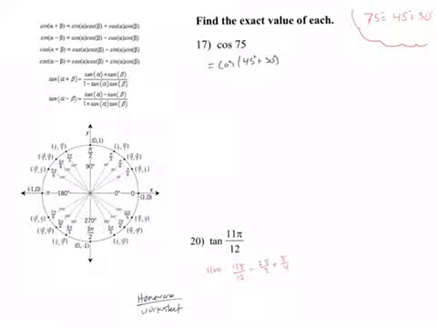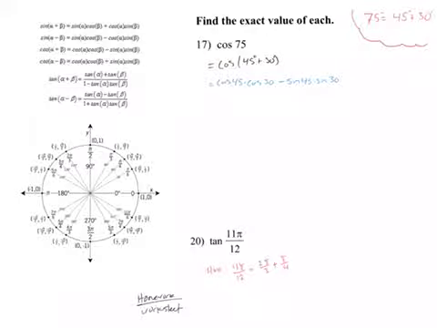So this is going to come out to be cosine of 45 degrees times cosine of 30 degrees minus sine of 45 degrees times sine of 30 degrees.